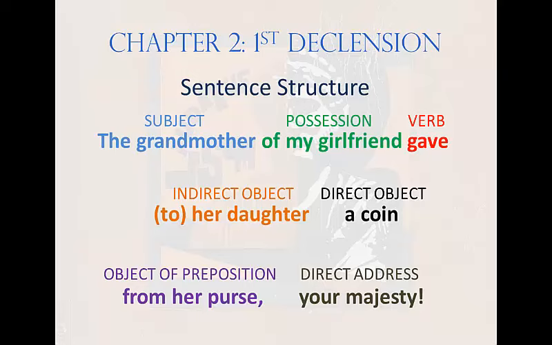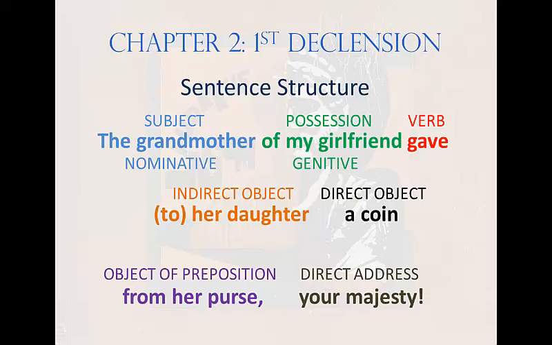In Latin, these functions are not represented as they are in English by where these words are placed in the sentence, but by the form they take, called their case. In the first instance, the subject will be nominative, so the word grandmother would be nominative if this were a Latin sentence. The next phrase, of my girlfriend, which shows possession, would be in the genitive case.